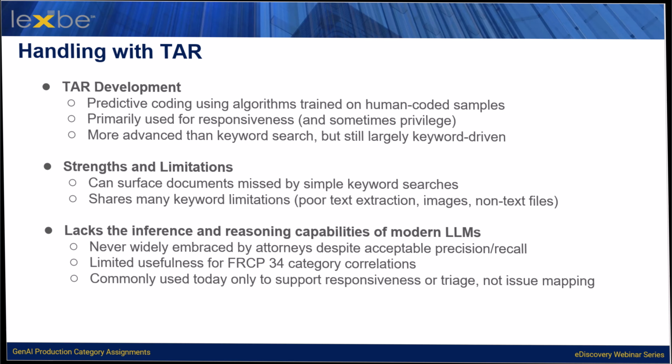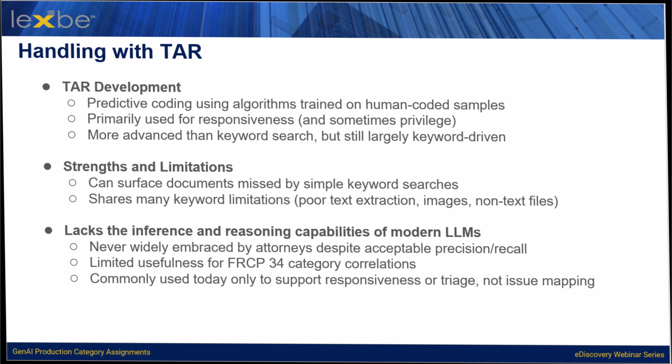TAR is fundamentally keyword-based, but may incorporate more sophisticated AI-type semantic analysis to some degree, but usually not to the degree that we see in the new GenAI and large language models. Traditional TAR can return documents beyond or different from what simple keyword search alone can find, and that's its value.